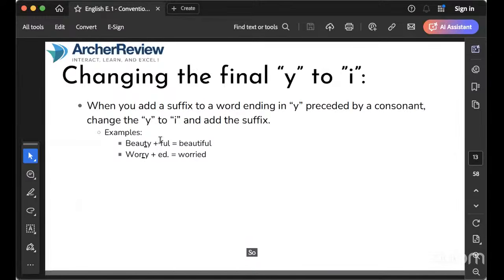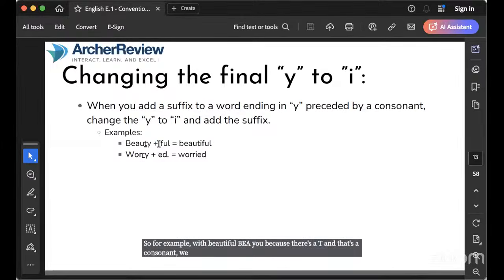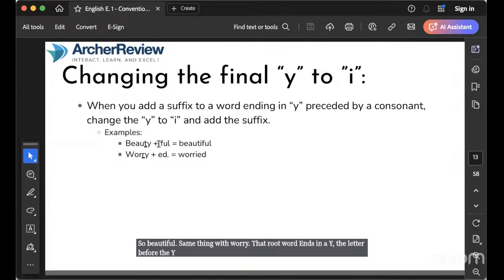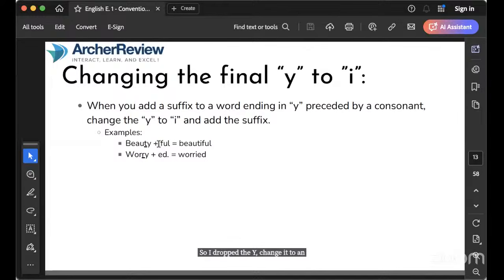For example, with beautiful, B-E-A-U, because there's a T and that's a consonant, we change the Y to an I, so it's I-F-U-L. So, beautiful. Same thing with worry, that root word ends in a Y. The letter before the Y is an R, which is a consonant. So I drop the Y, change it to an I, and I get worried, W-O-R-R-I-E-D. So with the Y ending words, we're looking at the letter that comes right before it.